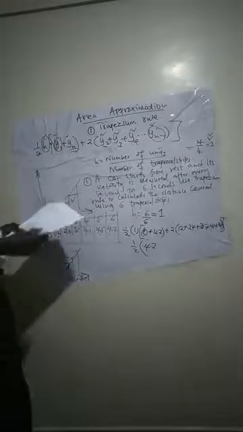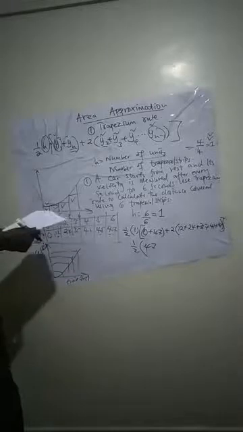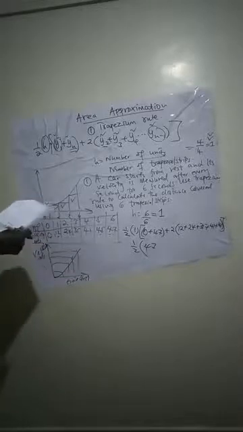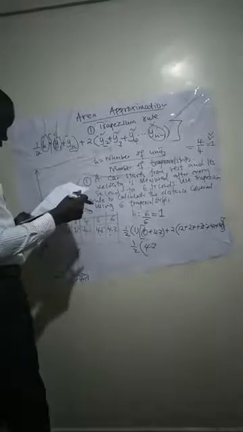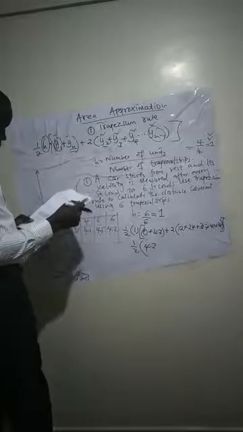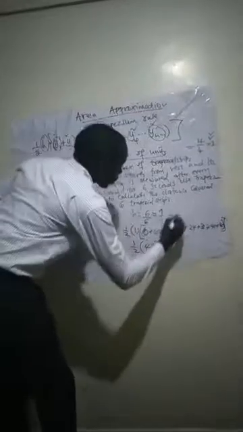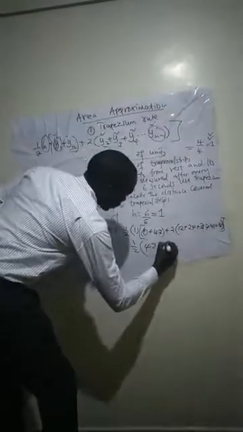The other part, you add all this, you get 145. Then you have 145 times 2, that is 290.